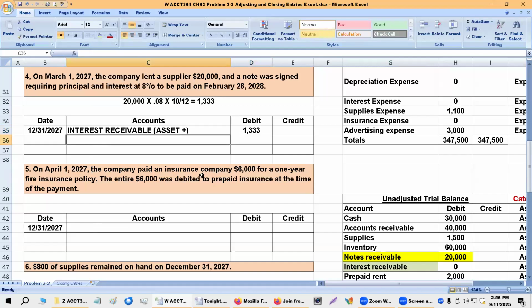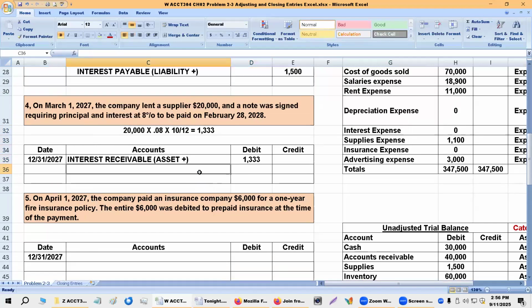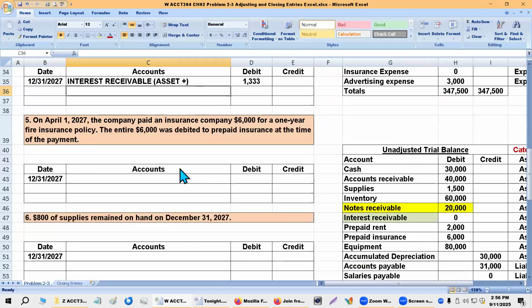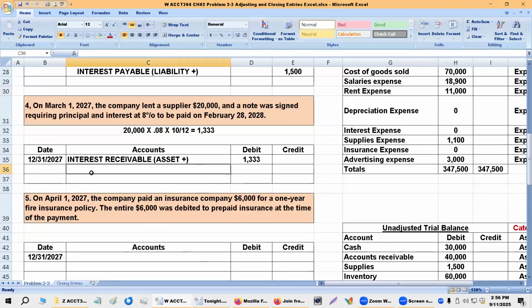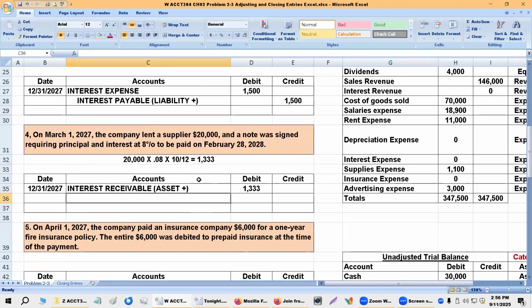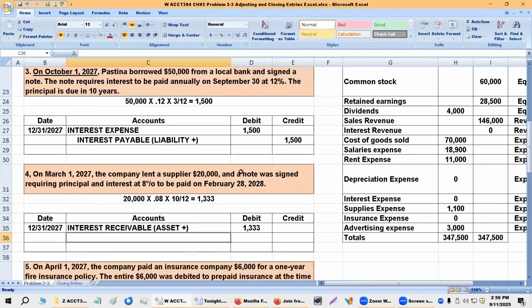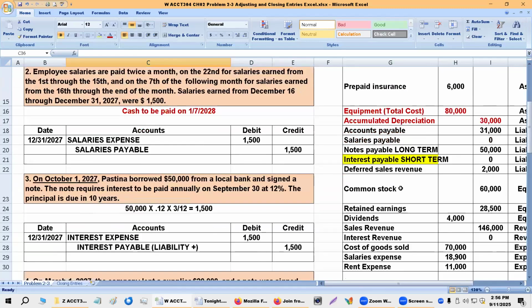And what's going to go on the other side? It has to be either a revenue or an expense. Now, this is them owing us money. What's it probably going to be?